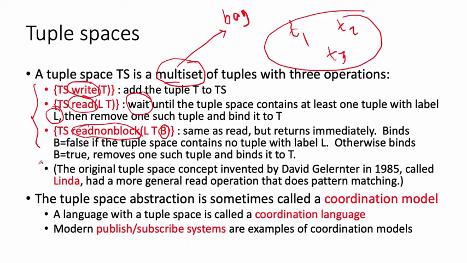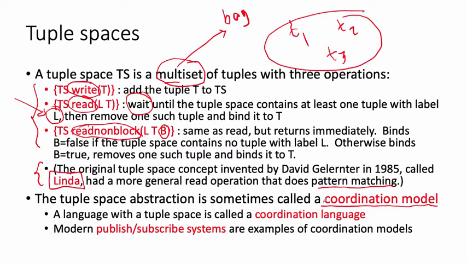Tuple space was invented in 1985 by a computer scientist named David Gelernter, and he called his concept Linda. So sometimes this is called Linda, and his tuple space used pattern matching to remove a tuple. We're going to only wait for the label, so it's slightly less general, but still giving the tuple space idea. This whole idea is sometimes called a coordination model.